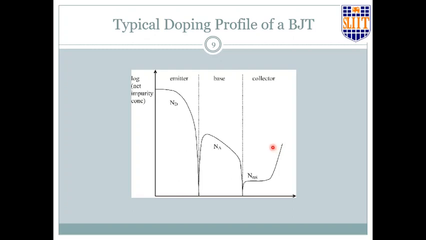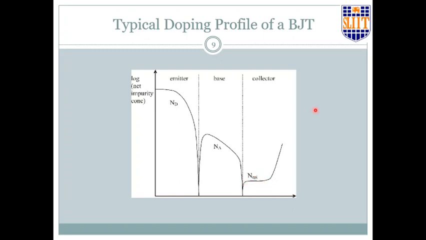We don't want any more junctions to be there, whatsoever it is. So the area very close to the metal pad is heavily doped, but otherwise it is lightly doped. The lightest doping is in the collector.